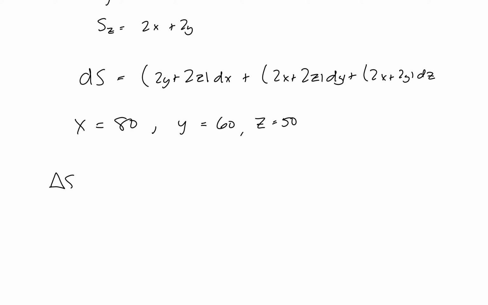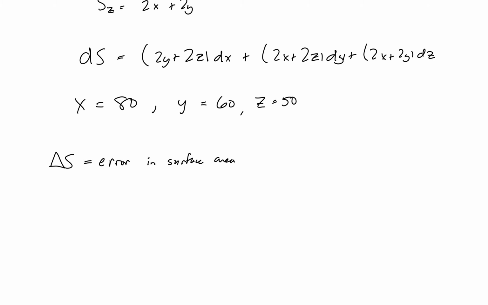So delta S, this is the error in surface area, because think of this as the difference between the measured value and the actual value.